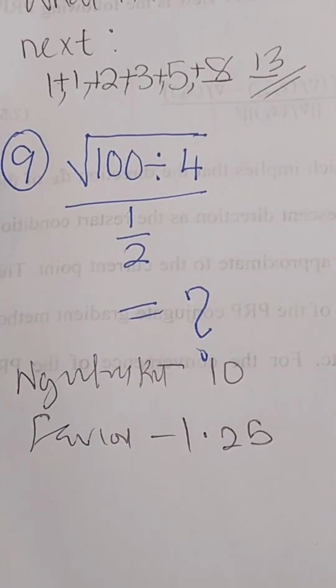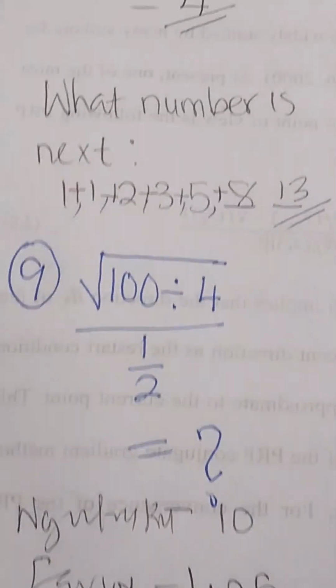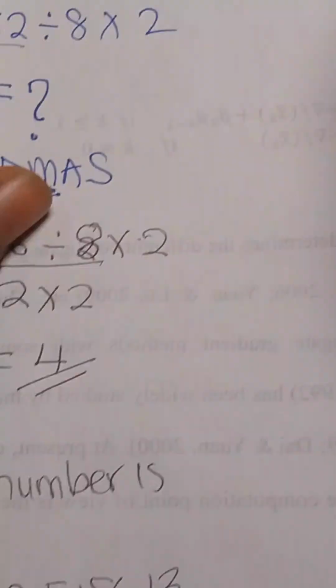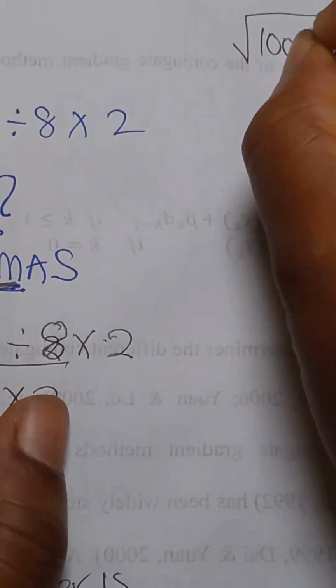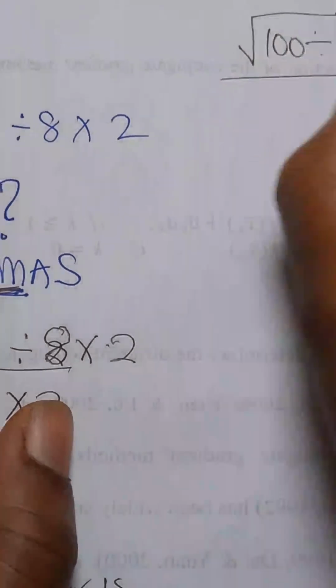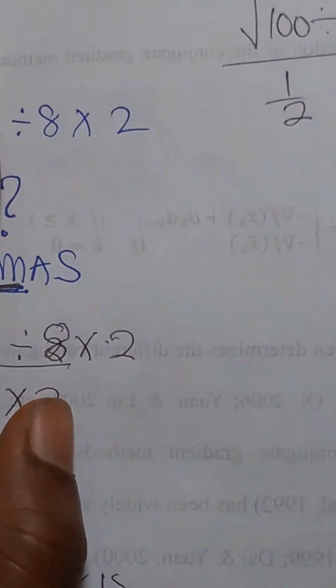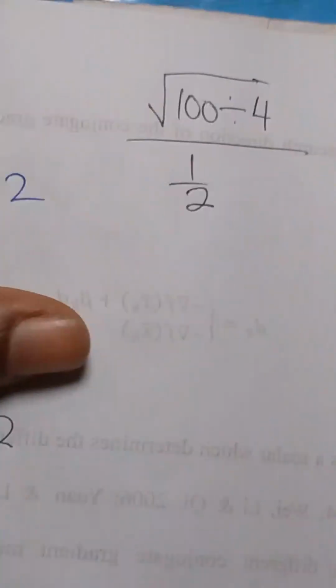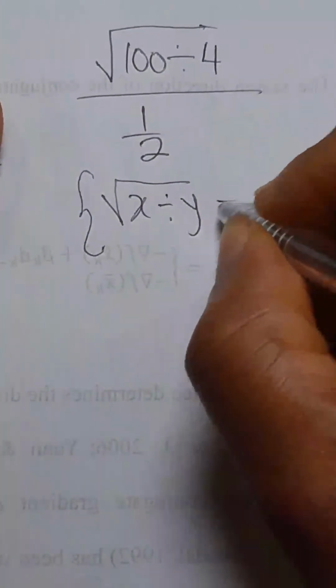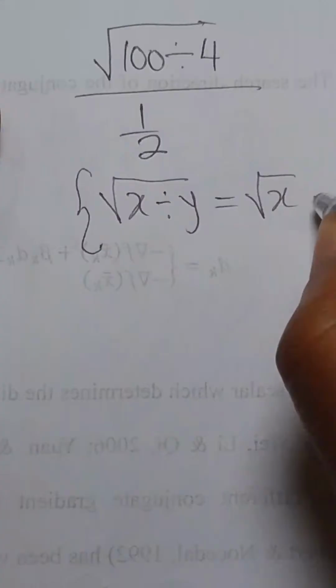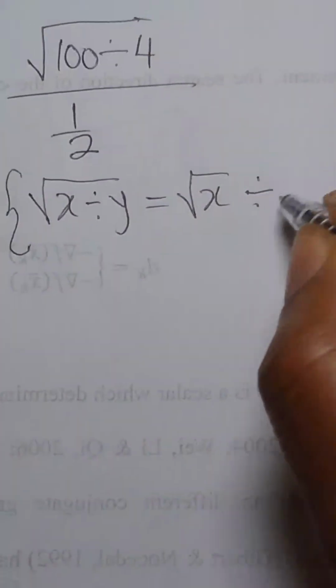So please let me go ahead and solve this. Let me write it here. We have square root of 100 divided by 4, all over half. To solve this is very easy. Here we are going to apply the law of radicals. Recall, the law of radicals states that the square root of x divided by y is the square root of x divided by the square root of y.